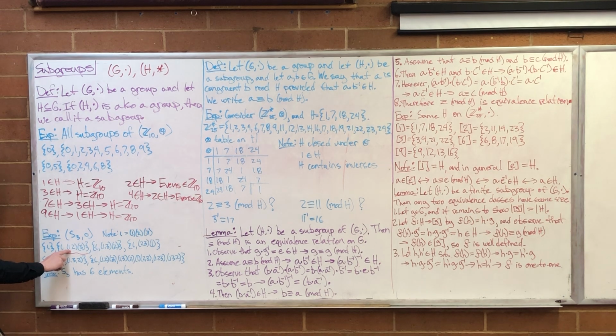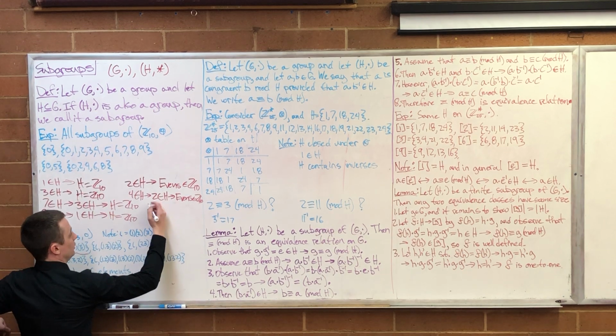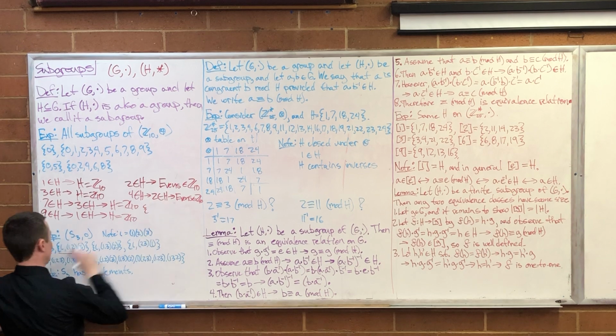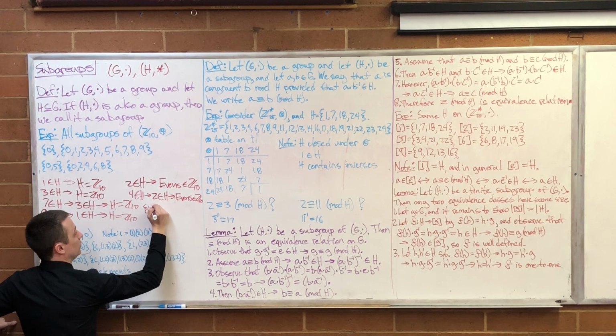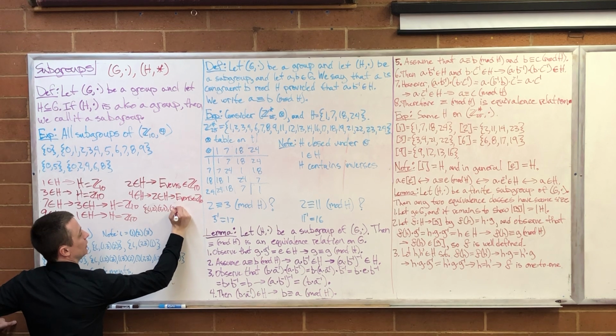So let's look at this one. I know that the identity applied to this just gives me back this, and this applied with the identity just gives me back this. Let's apply this one with itself and see what we get. Just to be super clear, I'm going to write this function out explicitly: it's mapping 1 to 2, 2 to 1, and 3 to 3.